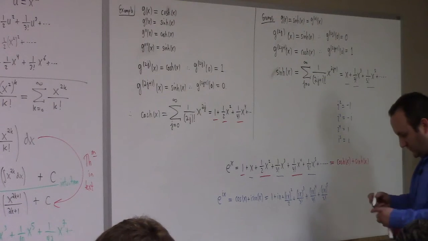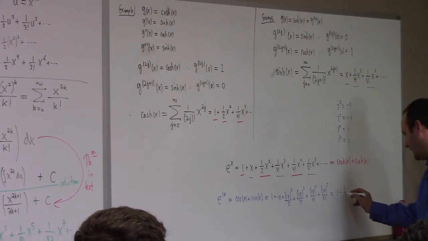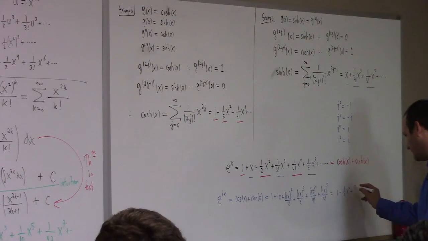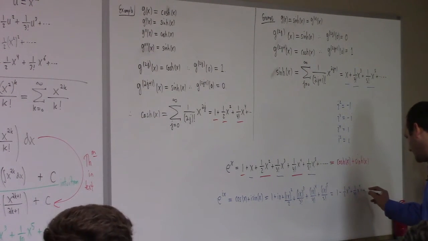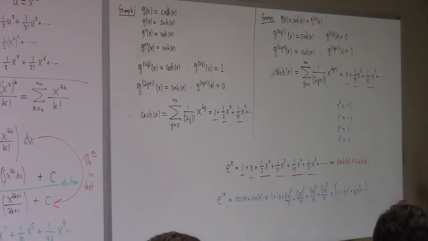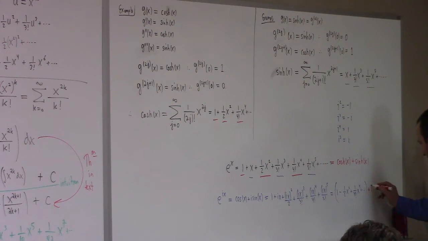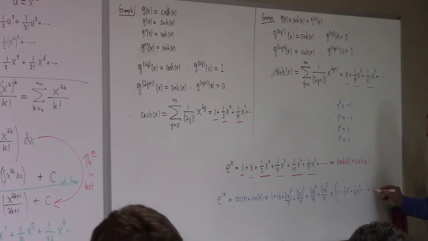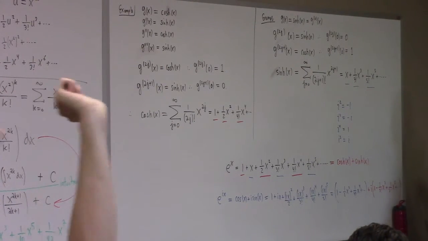So the point is, you can group this together. On the one hand, you've got 1 minus 1/2 x squared plus 1 over 4 factorial x to the 4th plus dot, dot, dot, in parentheses. And then the other terms, I'll factor out an i: x minus 1 over 3 factorial x cubed plus 1 over 5 factorial x to the 5th plus dot, dot, dot.